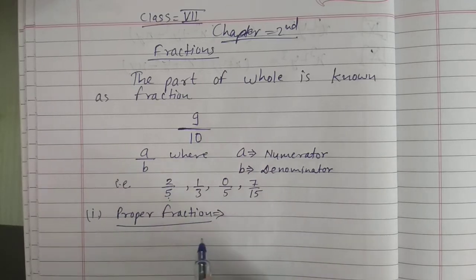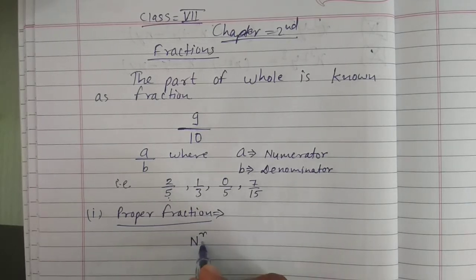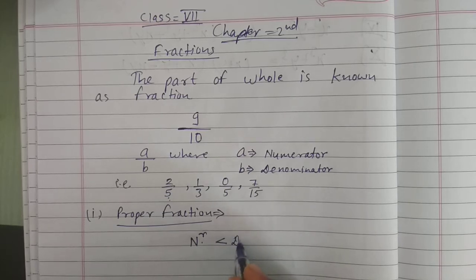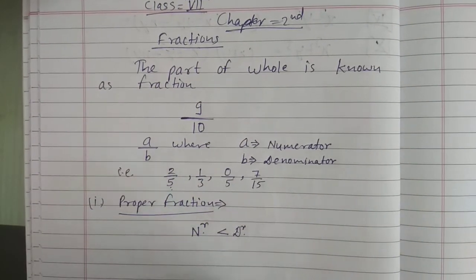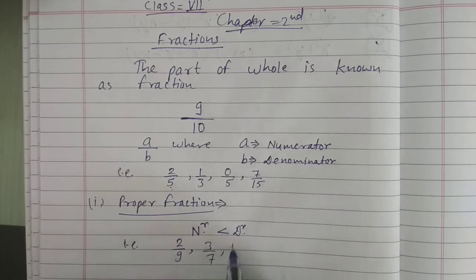Simply we can say a fraction in which the numerator is smaller than the denominator. We can learn directly: if the numerator is smaller than the denominator, then that fraction is a proper fraction. For example, 2 upon 9, 3 upon 7, 12 upon 29, etc.